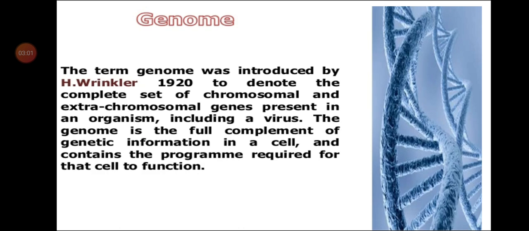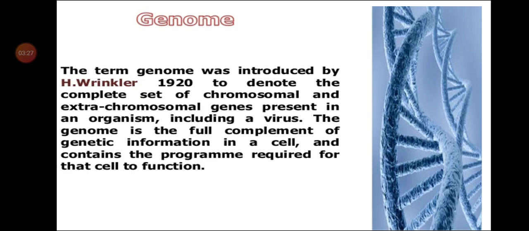So there are three definitions. You can go with any of the definitions. First, it is the total genetic constitution of an organism. Second, it is the complete copy of genetic information, that means a copy of DNA.